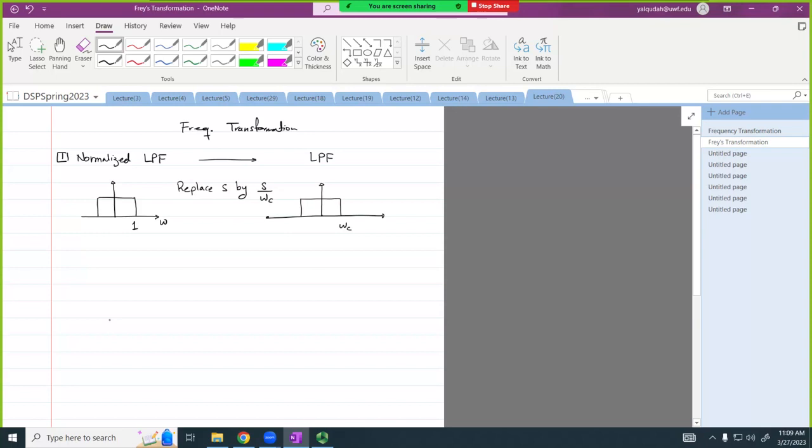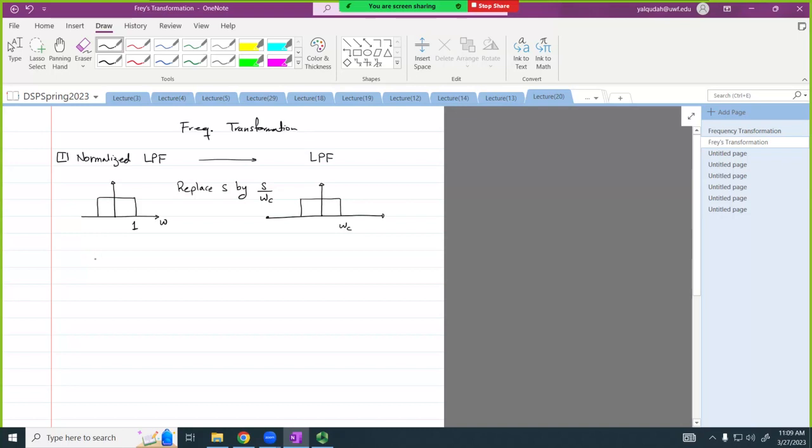When omega is equal to omega C, it's going to be omega C over omega C, which is a 1. So this point is going to correspond to a 1. And when omega is less than omega C, it's going to correspond to this region here. When omega is greater than omega C, it's going to correspond to the region outside of omega C.